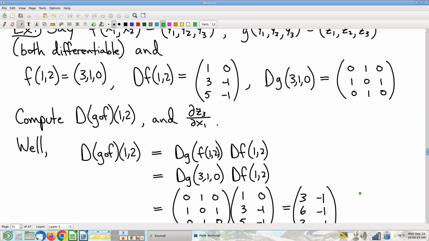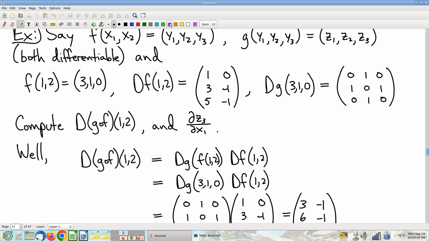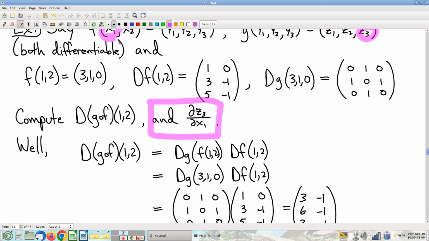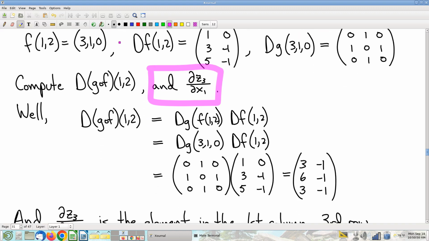Now, there is a second part to the question, you'll notice. The second part said compute this particular partial, the partial of Z3 with respect to X1. We just got through computing the overall derivative matrix.